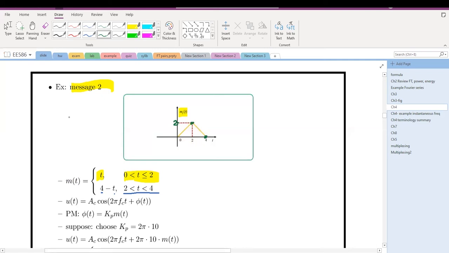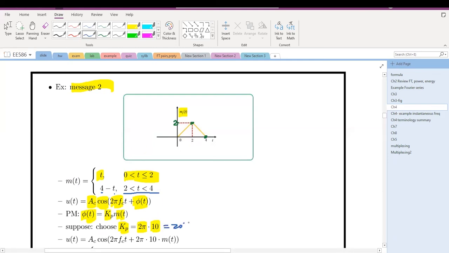In this example, we're going to use PM, the phase modulation. The phase modulation has this definition, Ac cosine 2 pi fc t plus phi, where phi equals kp m(t). In this case, I'm going to choose kp equals 2 pi multiplied by 10, that equals 20 pi.